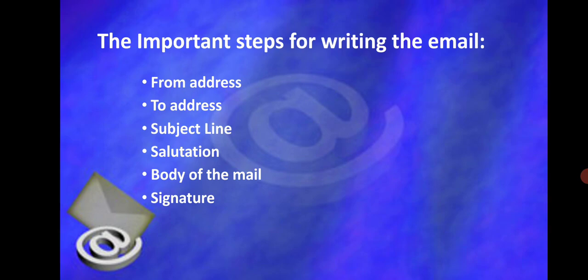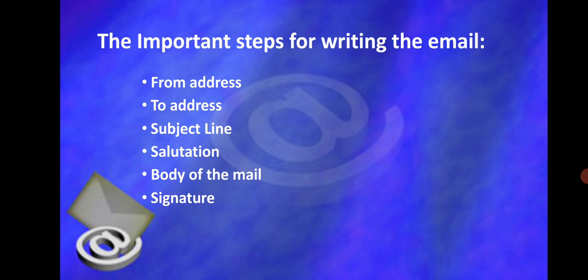Now when you write an email, just like you learned the format of letter writing, here also for email writing we need to follow some steps. The first step is the from address. When you write your from address, it is not the postal address and date that need to be mentioned, but the email address.